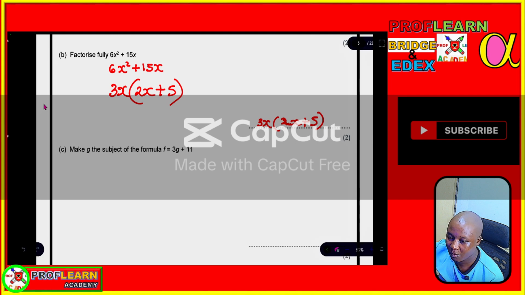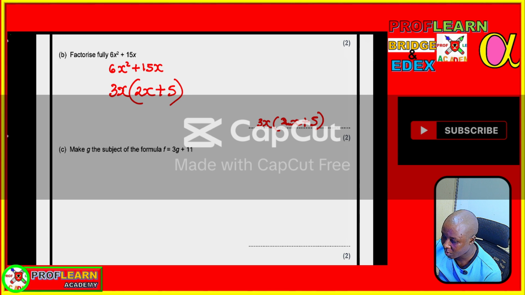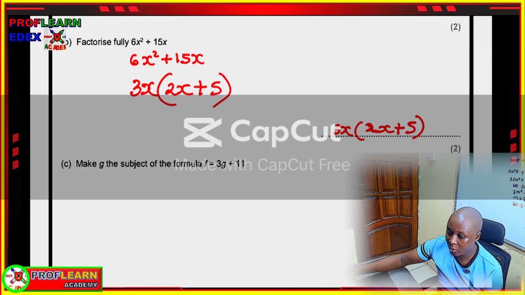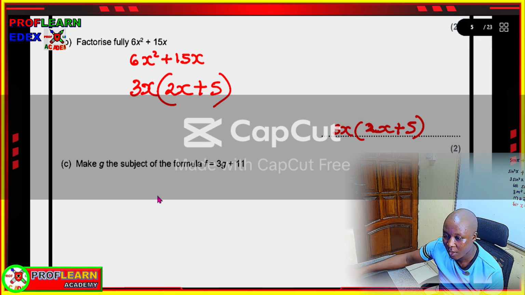Making g the subject of the formula, so you need to know how to make subject. That is another area that probably will be tested in this coming exam. You have to know how to make subject so that you can prepare well for that particular exam. So we're going to say this is 3g plus 11 is equals to f.